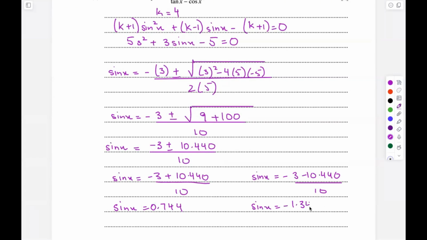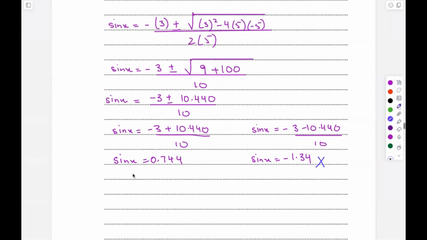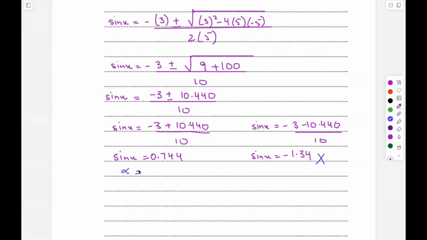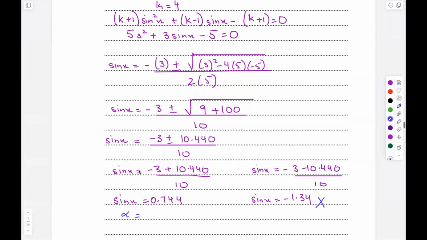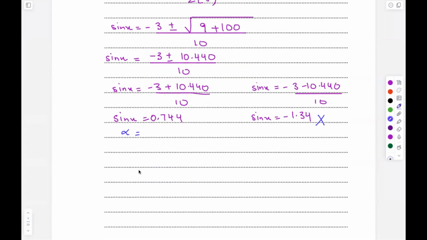But as it is less than −1, sine inverse of this will not be possible, so we'll ignore this. Now taking sine inverse of 0.744, we have to make sure that our calculator is now in degree mode. So this will be shift sine inverse of 0.744. The basic angle will be 48.07.